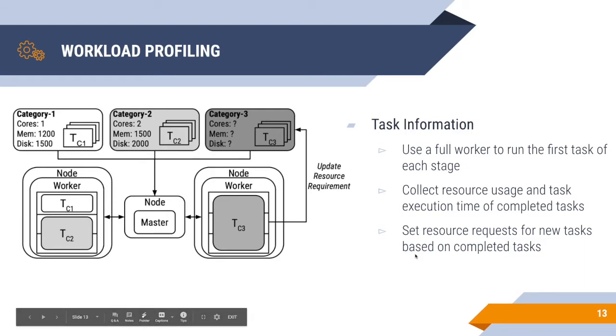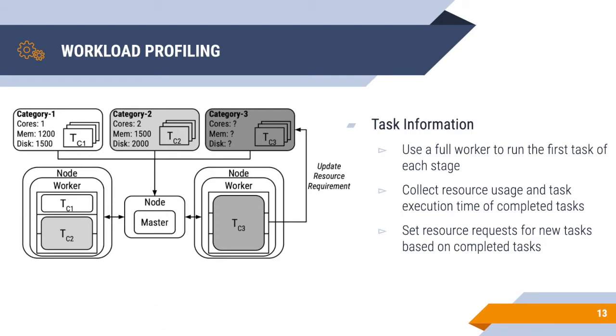Next, let's talk about how to collect the task level information. We are going to use a module of Makeflow called Resource Monitor. Resource Monitor helps us collect the task runtime information by, first, using a complete worker to run the first task of each stage, since we don't know the task resource request yet.